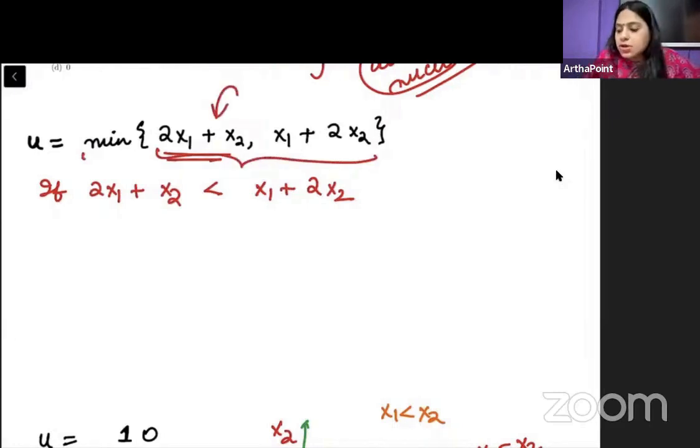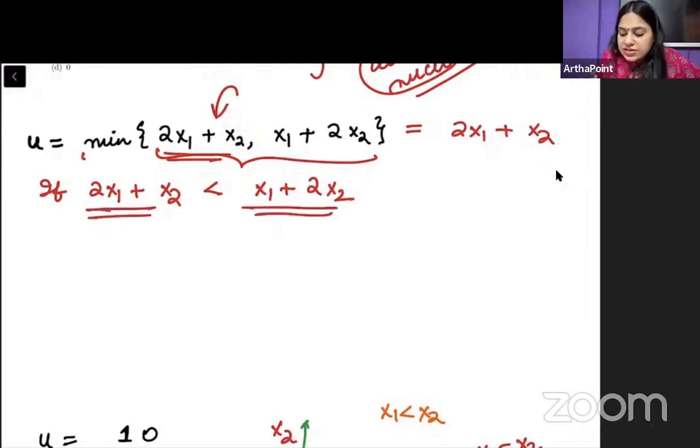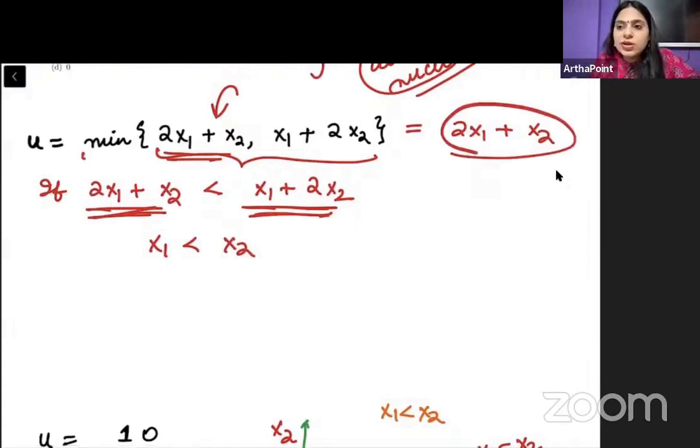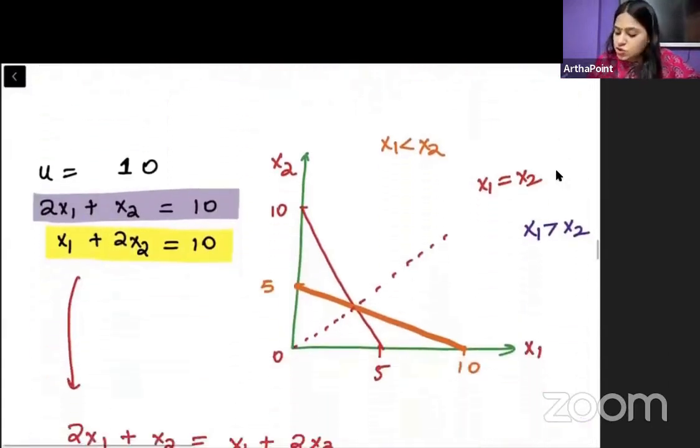This will be the minimum. So what will come out? What will come out will be 2x1 plus x2. And when will this be less than this? This will be less than this when x1 will be less than x2. Right? So when x1 is less than x2, my utility function will be 2x1 plus x2.